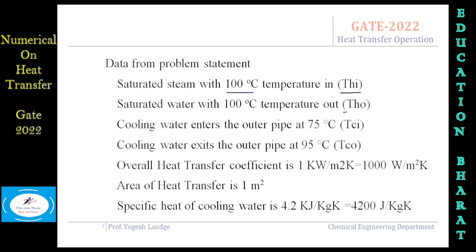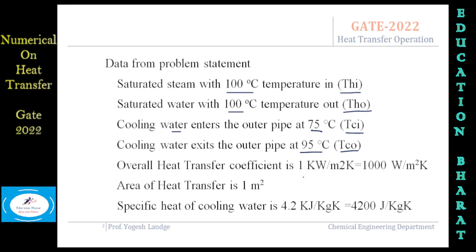The outlet temperature is again the same for the steam. The inlet temperature for the water is 75, and for the exit it is 95 degrees Celsius. So here we just have notations for inlet and outlet.